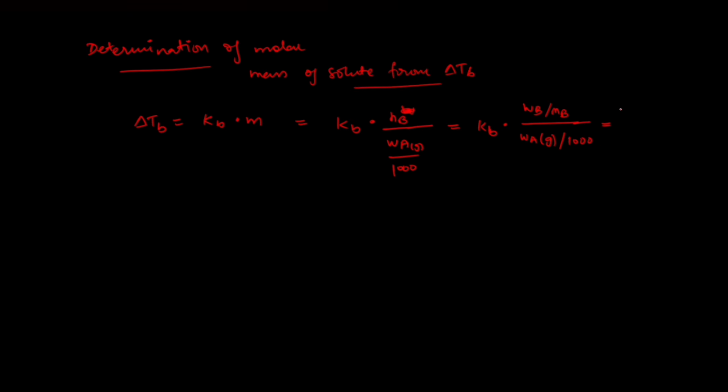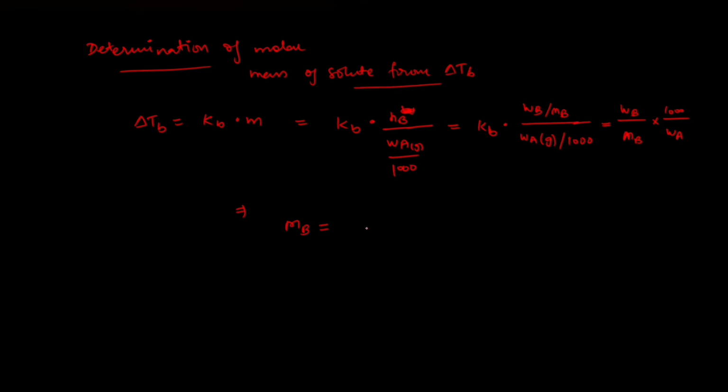When we rearrange this, we get WB by MB into 1000 divided by WA. So this is the formula. Now take this MB to the other side.